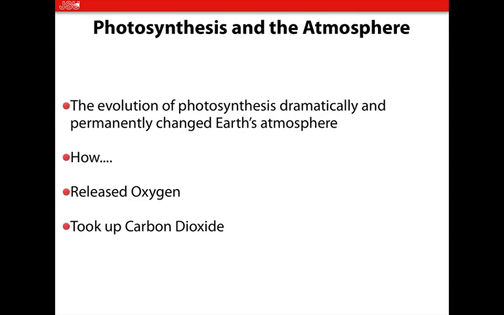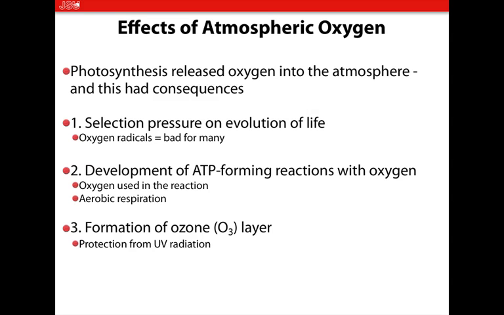Now, because of photosynthesis, our Earth changed dramatically. Because what does photosynthesis do? One, it releases oxygen, and two, it removes or fixes carbon dioxide. And these two processes cause a tremendous change in our atmosphere.